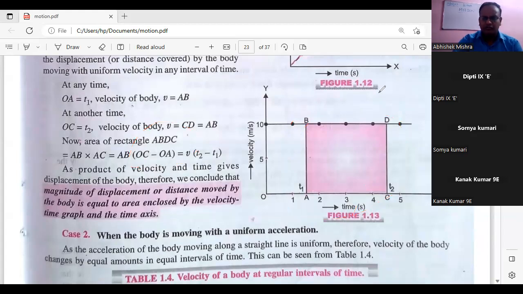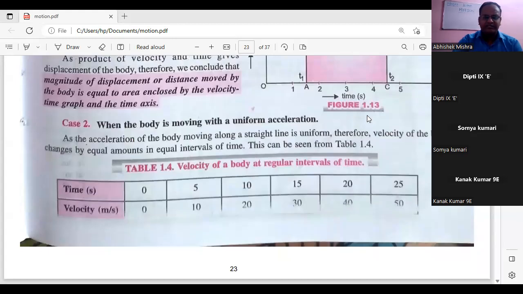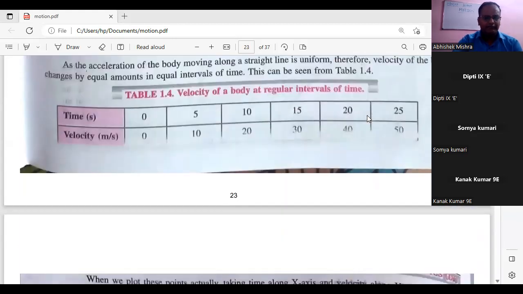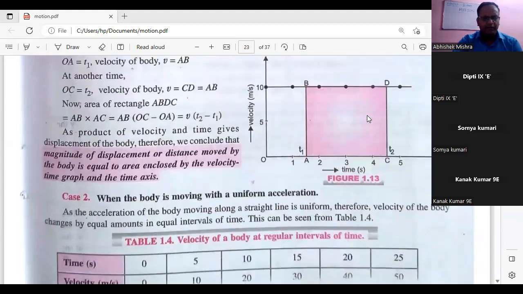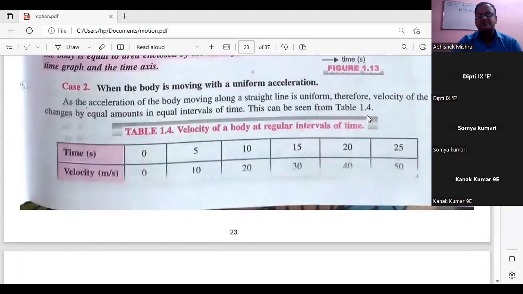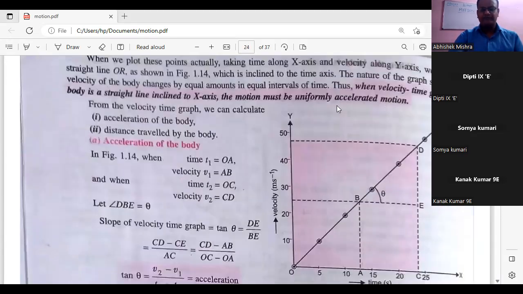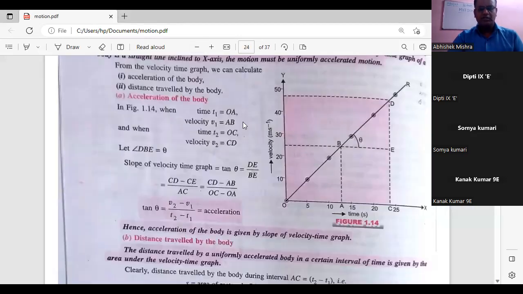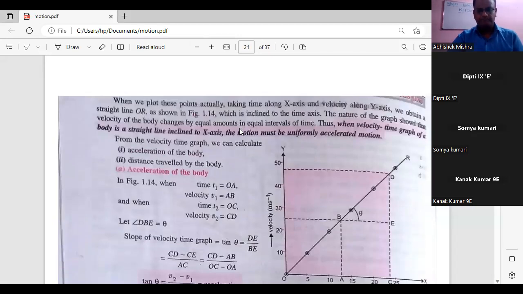Now students, let us come to the second situation of the velocity time graph, that is when the body is moving with a uniform acceleration. Here again, it is very similar to the previous graph. Let me zoom out.